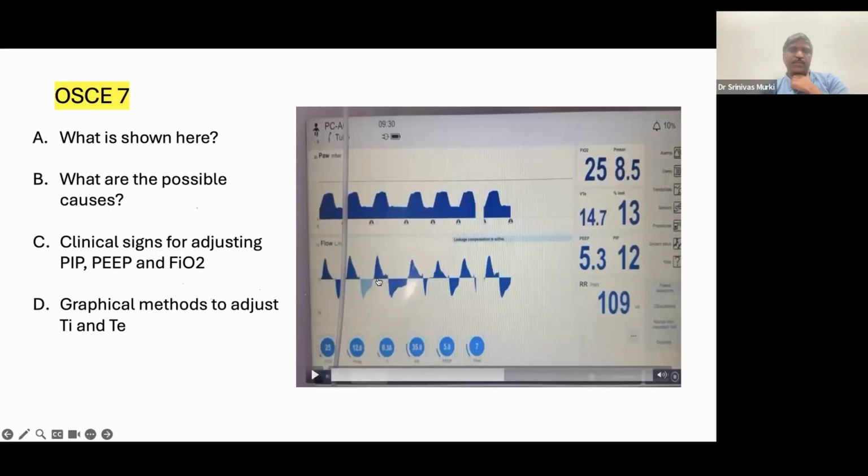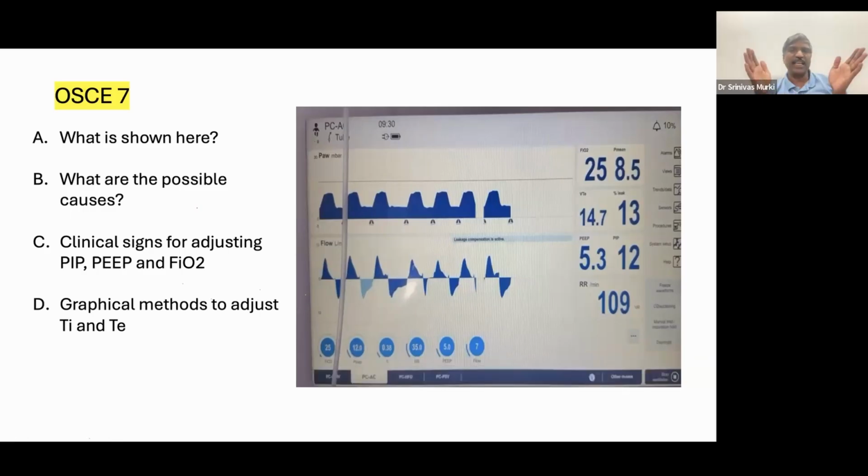So nicely seen here. So what happens during inspiratory hold? You can see here on the flow time graph, inspiratory flow, expiratory flow, inspiratory flow, expiratory flow. If there is a significant gap between the inspiratory and expiratory flow where there is zero flow, then you know your TI is excess.